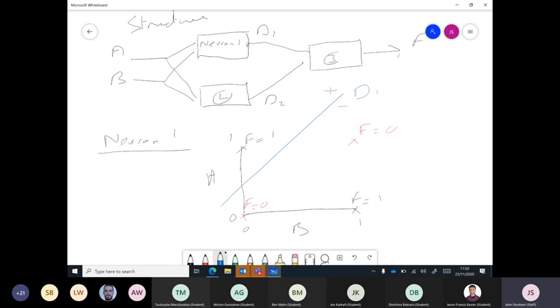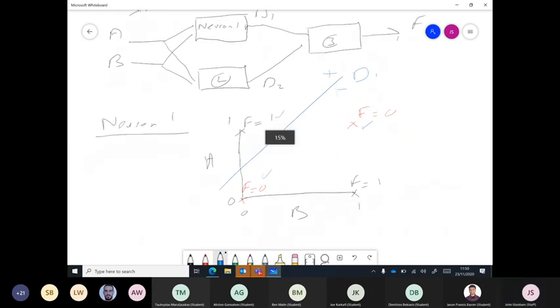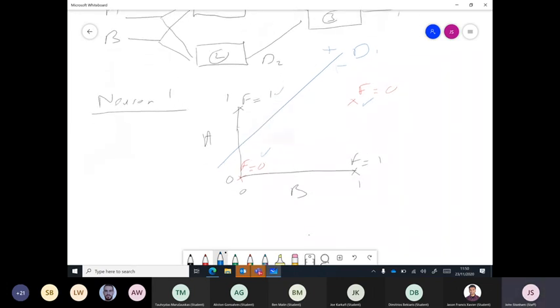If f equals 1 is positive, that would be correct. If f naught is negative, that would be correct. This is correct, but this one is in error, and we cannot do better than having one error in that partition.